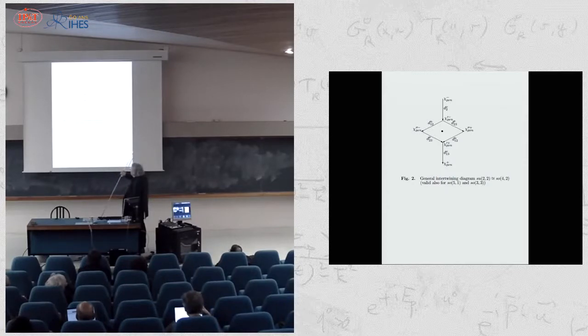Here there is one very nice thing to say, that in fact this picture is also valid for other real forms of SO(6), namely SO(5,1) and SO(3,3). In fact, the first time this diagram was written, we wrote it exactly for SO(5,1). Only then it was also applied to SO(4,2). And now I give you the signatures.